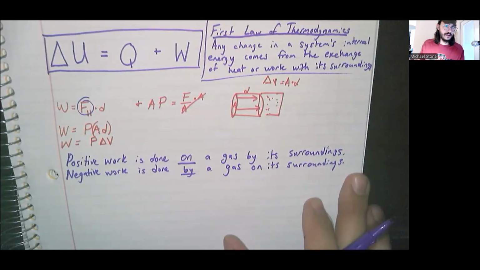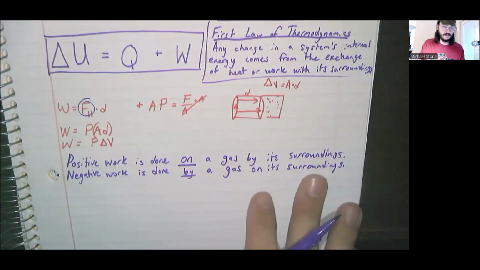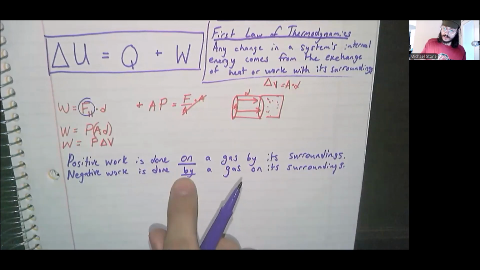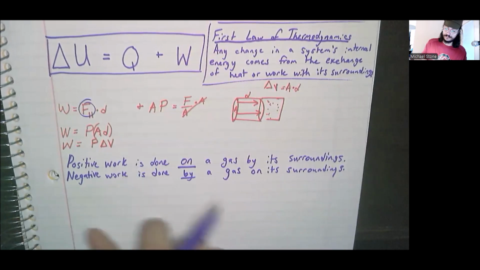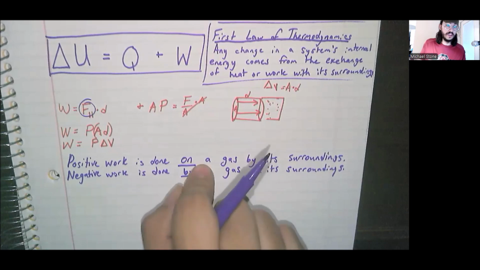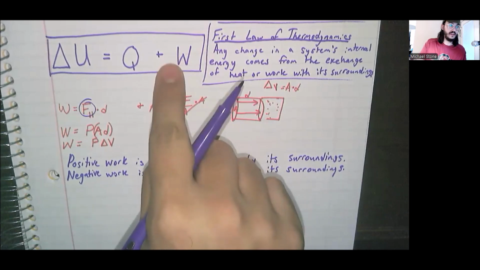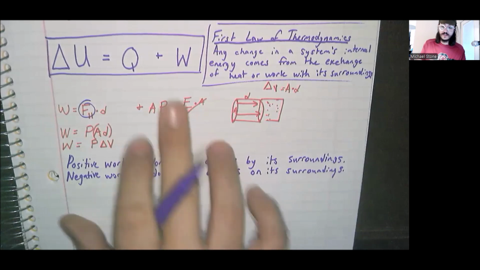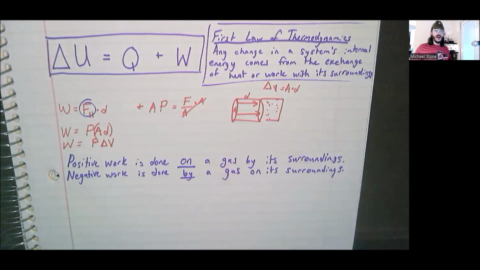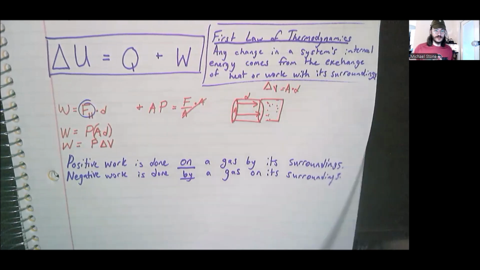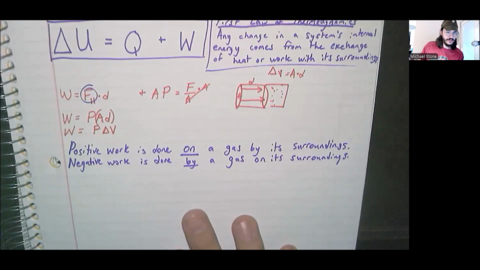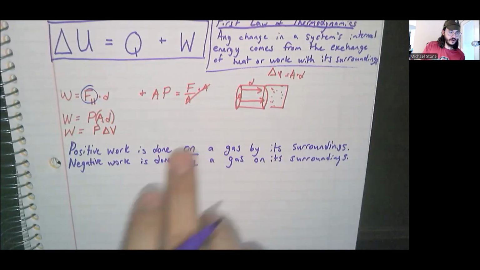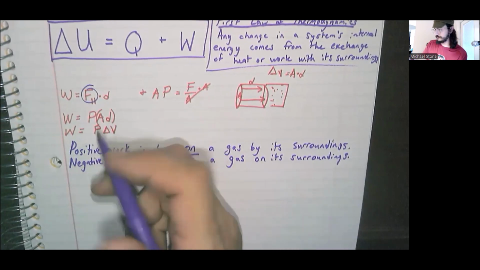Another way of thinking about it, if all of this is screwing you up, if the work is done by a gas, put a negative in front of the W. If the work is done on the gas from the world around it, leave it positive. If you ever see it written with a negative, you know why. They wrote it from the perspective of the gas as opposed to the perspective of the world around the gas. You and I live in the world around the gas, so we'll call positive work done on it.